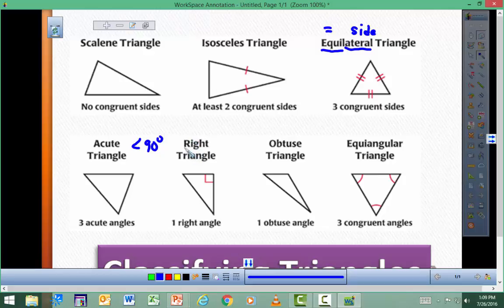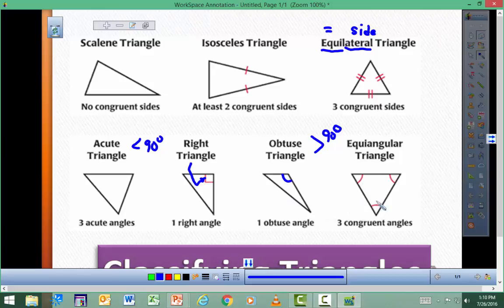It's the right triangle. And you could always tell that you have a right triangle because they will have that symbol right there. And if you have an angle that's above 90 degrees, then automatically it becomes an obtuse triangle. That angle right there is more than 90.